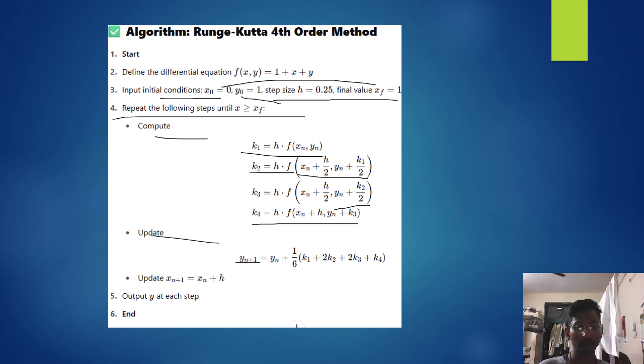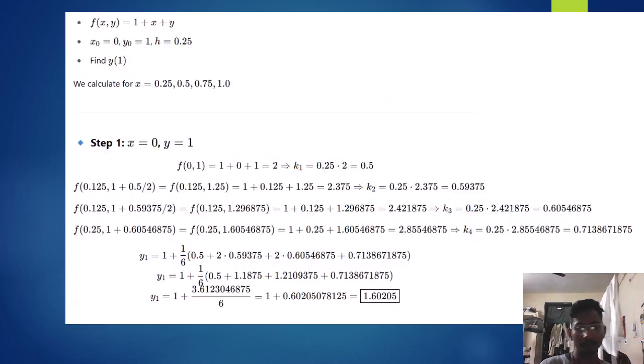Update y of n plus 1 is equal to yn plus 1 by 6 into k1 plus 2k2 plus 2k3 plus k4. Update xn is equal to xn plus h. Output y at each step and end of the algorithm.